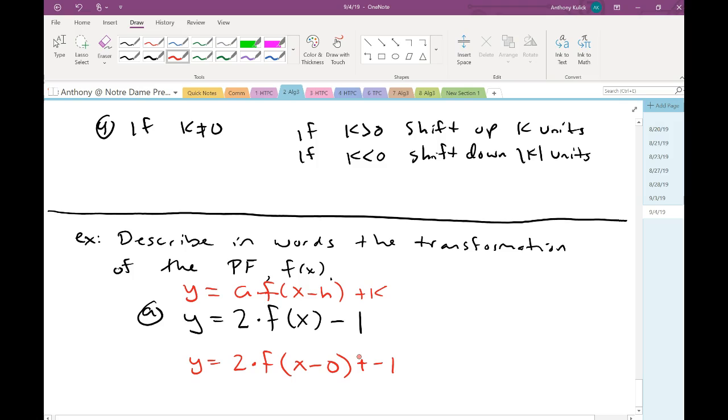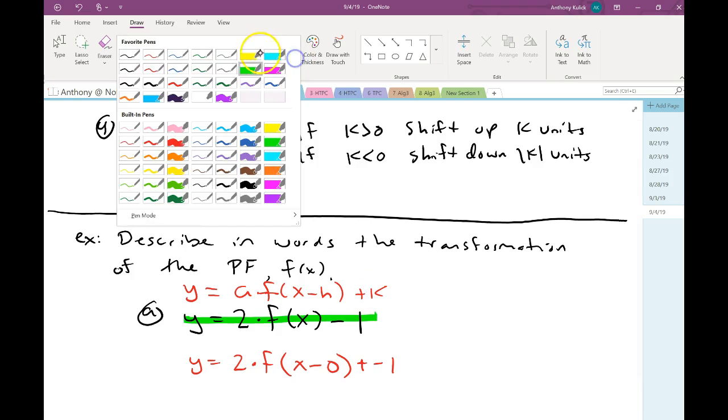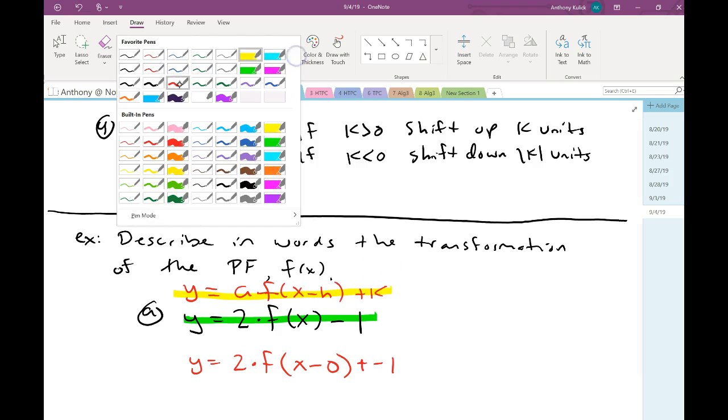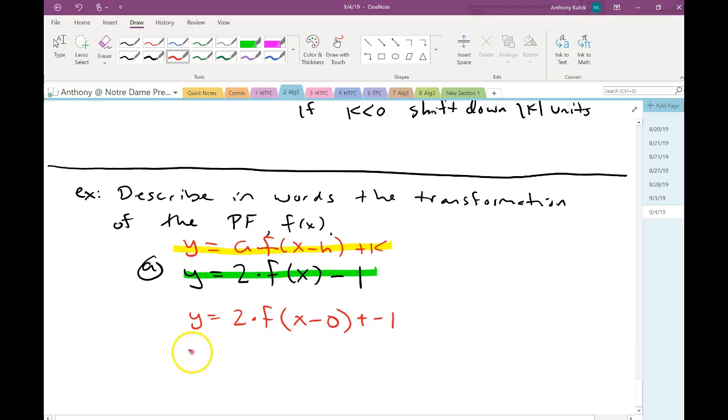Is everybody okay with what I did there? I didn't do much. All I was trying to do was to rewrite my original problem so that it looked like the general situation. And the reason I'm doing that is so that it would be easy to pick out my values for A, for H, and for K.